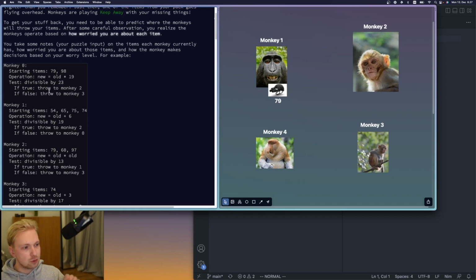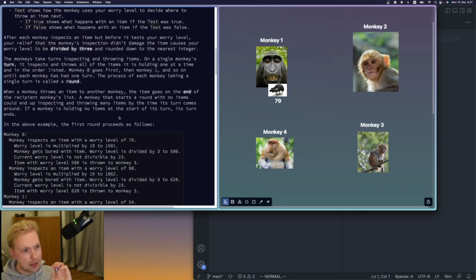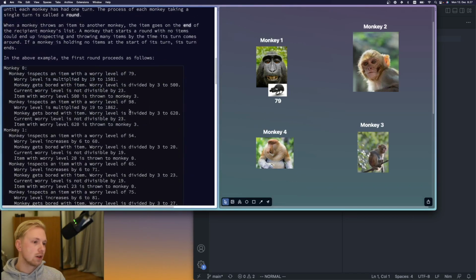And then whether that is true or false determines to which monkey this item goes next. So we're playing this in rounds. This is not per se very complicated, but it's a lot. And I misunderstood the rules of the game several times when doing this. So that's what's gonna happen if you spend a long time on this.